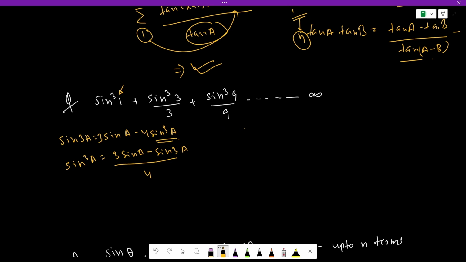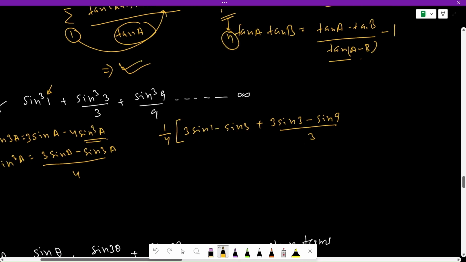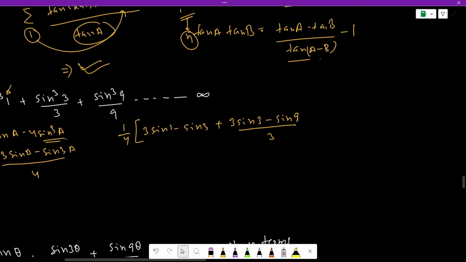So what we get is, let's take 1 by 4 common out first, and then it will become 3 sine 1 minus sine 3 plus, this is what, 3 sine 3 minus sine 9 and divided by 3 plus 3 sine 9 minus sine 27 by 9, and so on up to infinity.